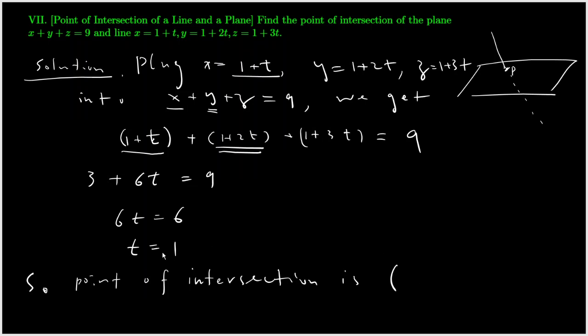It's the point when t value is 1, you plug 1 into here. Now look at the cursor. I think x coordinate is 2, right? And y coordinate, anybody want to tell me the y coordinate? 5. Sorry, it's not 5. It's 3. T value is 1. Sorry, it's 3.